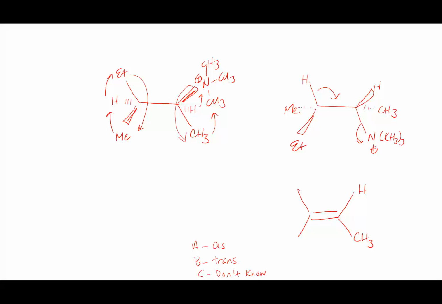The two positions that are bold are going to be cis to each other. So that's the hydrogen and the ethyl group. And the two positions that are on dashed wedges, the methyl and the other methyl, are also going to be cis to each other. So the correct answer is that the two methyl groups are going to be cis.